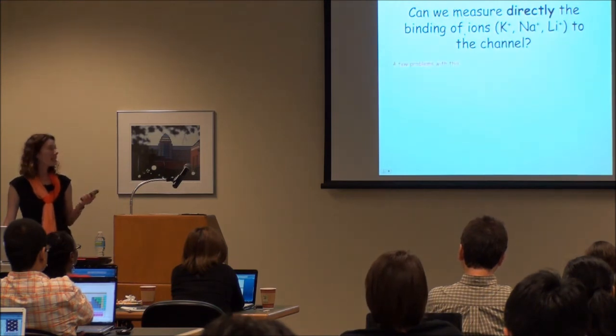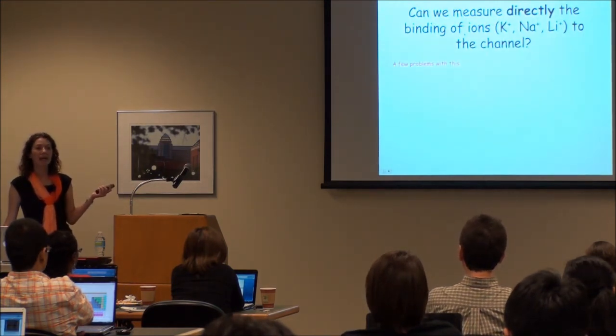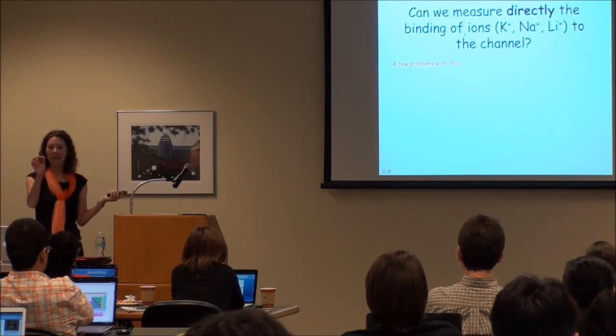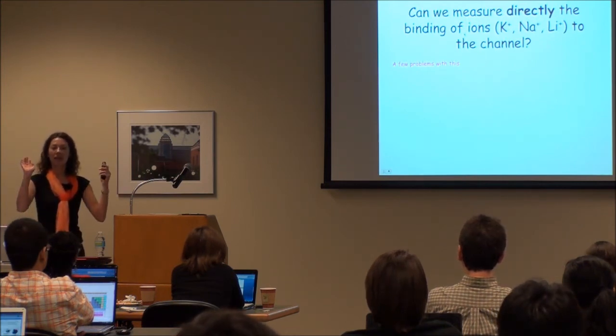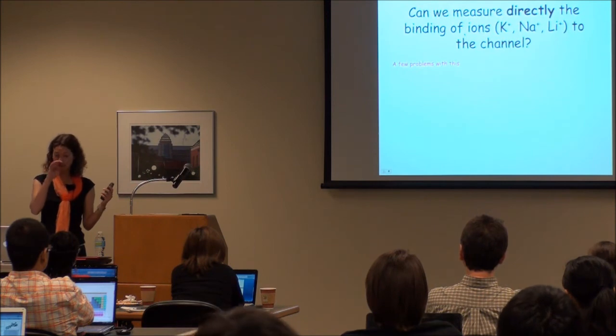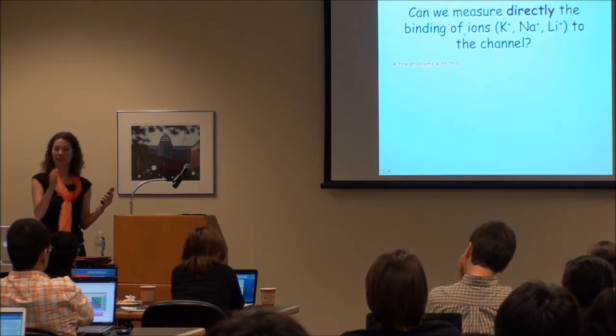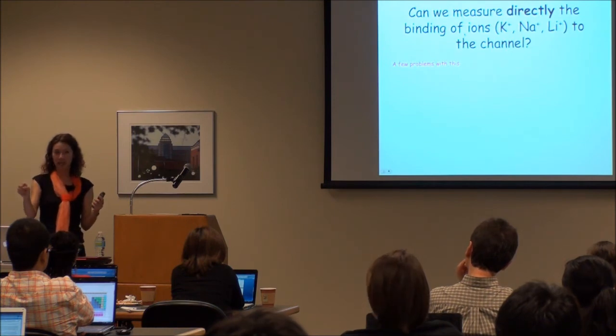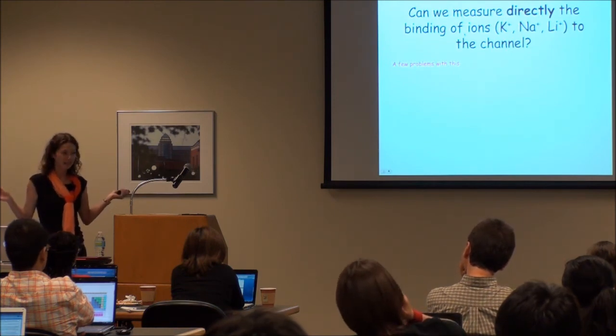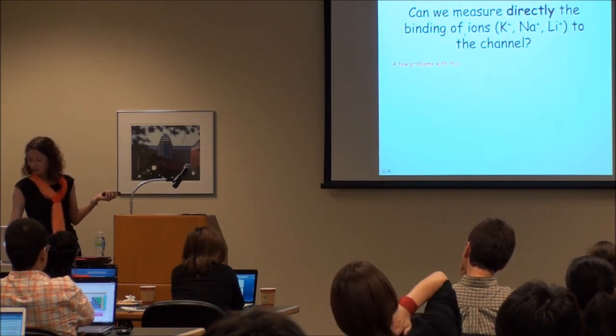And basically, what we need to do is measure the binding directly, right? If you can measure directly, this would be uncontroversial. If you can measure directly the binding of sodium and lithium and get a KD for these ions to the channel, then nobody can tell you anything about this, right? There are a few problems with this.